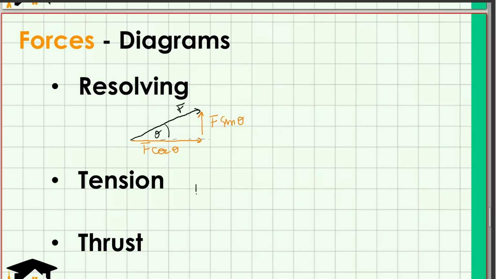We may also have situations in which two objects are pulling from each other. And in this case, for example, for the red object, this object will be feeling the tension in that direction. And we could also have the weight, but let's just not consider it here. And this other object is going to be feeling the same tension in the opposite direction. When we have thrust, it is the opposite, so we have again two objects.